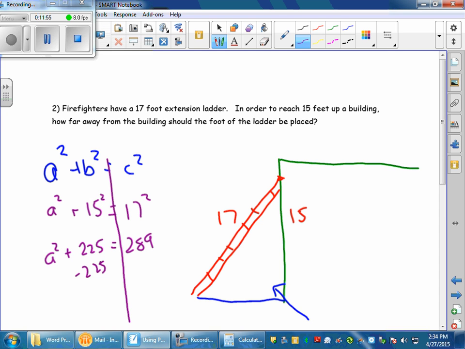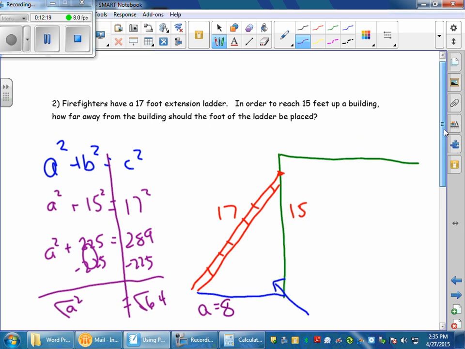Subtract 225 from both sides. a squared is equal to, it might be faster just for me to do the math right here, 64. So if a squared is 64, what is just straight up a? What times itself gets me 64? 8. All good? And that's it, guys.